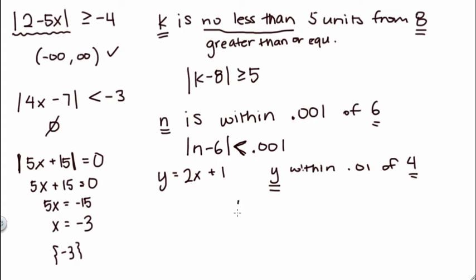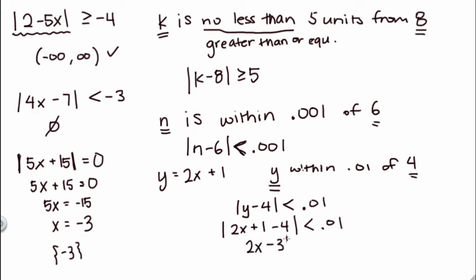So we do y minus 4, and I want it within 0.01. So I want it less than 0.01. And then substitute the 2x. So I have the absolute value of 2x plus 1 minus 4 is less than 0.01. And if you solve this, you get the absolute value of 2x minus 3 is less than 0.01.